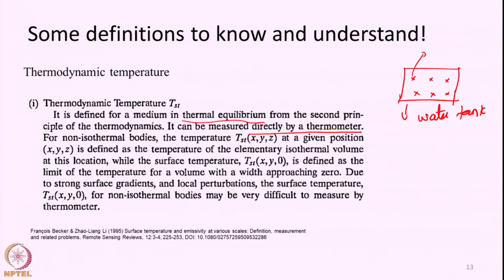So, what this means is that the measurement of this particular thermodynamic temperature also assumes the object is homogeneous and isothermal. Isothermal means the temperature is not changing, it is in equilibrium with its surroundings, it is homogeneous in nature.